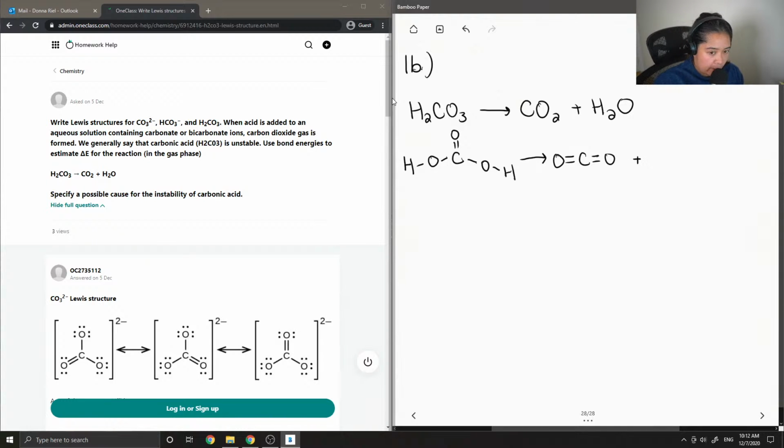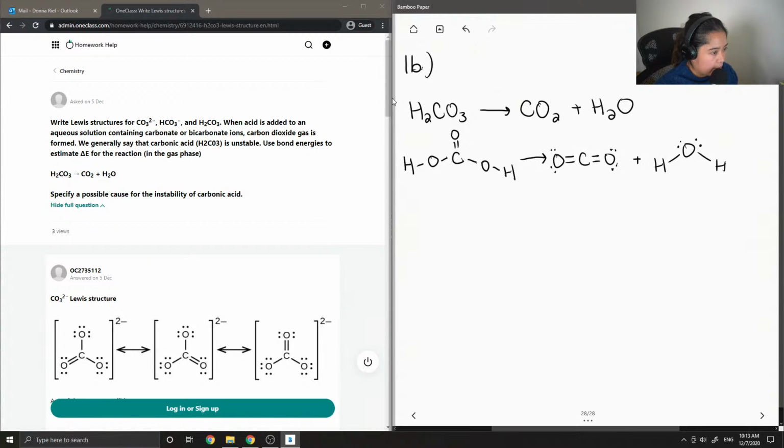And the Lewis structure of water is just oxygen with 2 lone pairs. Okay, so this is just pretty much showing the reaction with all of the different structures.